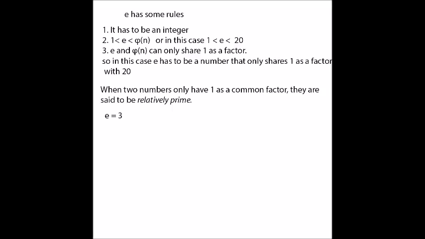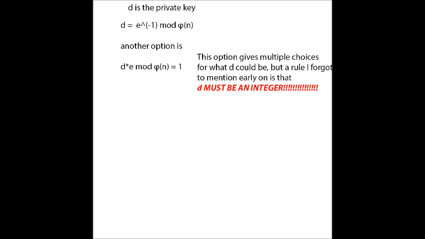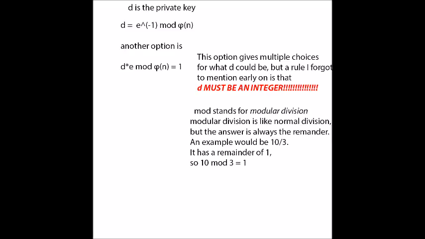To determine our private key, which will be called d, the equation is e to the negative 1 mod phi of n, where phi of n is 20. Mod stands for modular division, which is like normal division except your answer is the remainder and everything else is forgotten.